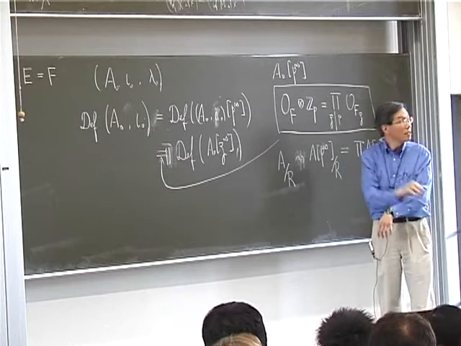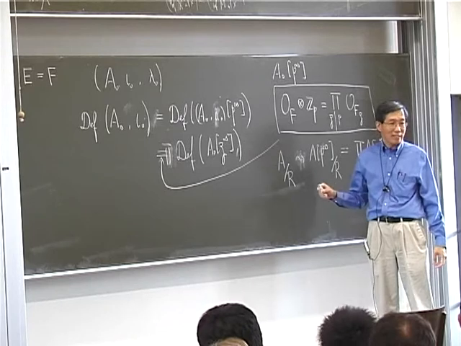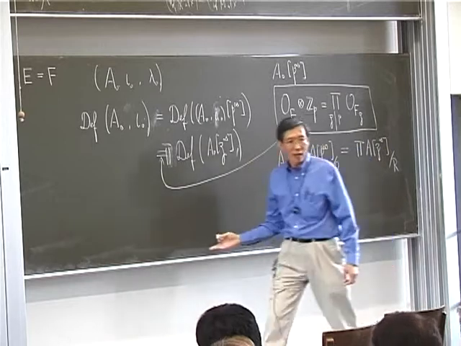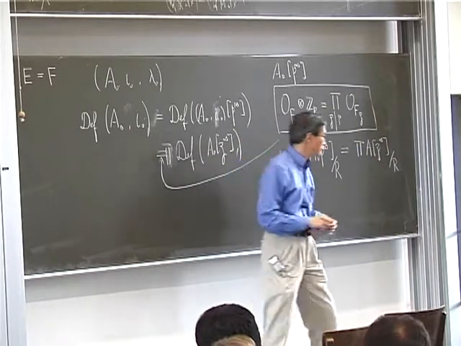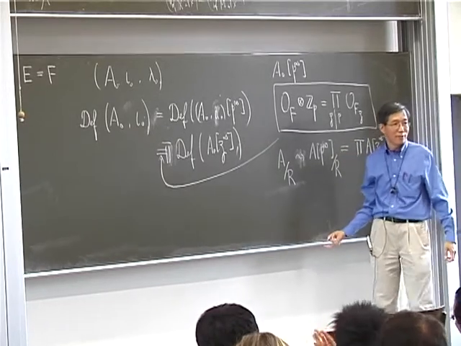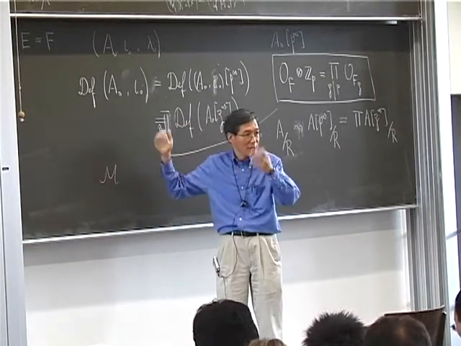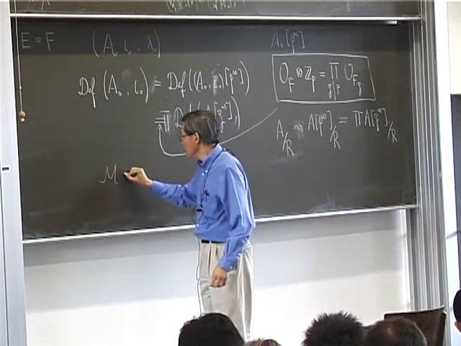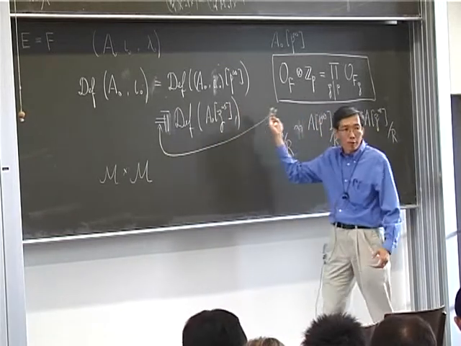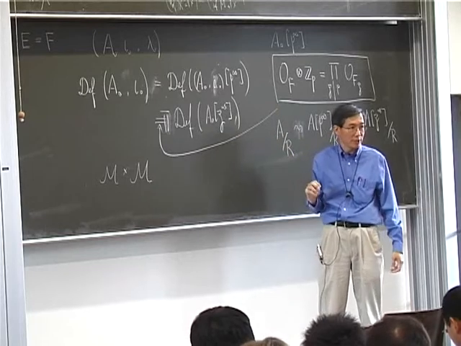Now, for future purposes, I would like to give another exercise, which is pushing this fact a little further. In other words, I would like to globalize it. How do we make such a statement global? This is a point-by-point statement. I'll just write M, so I'll omit all these indices. Now, the claim is that if I move these deformation spaces over the modular space, I'll keep this decomposition.